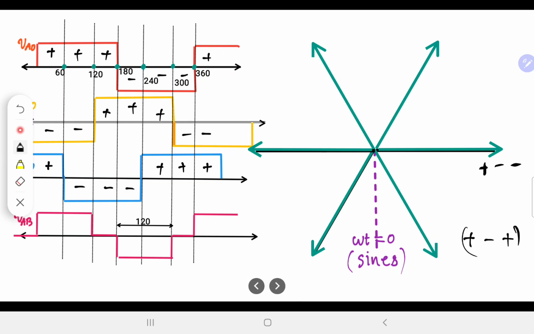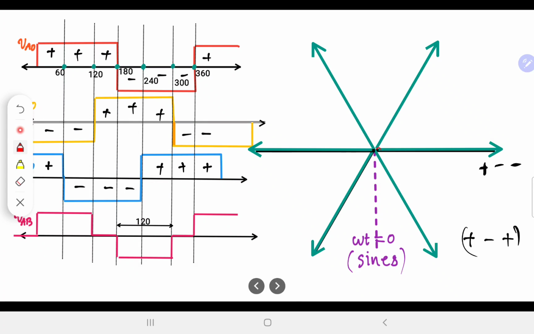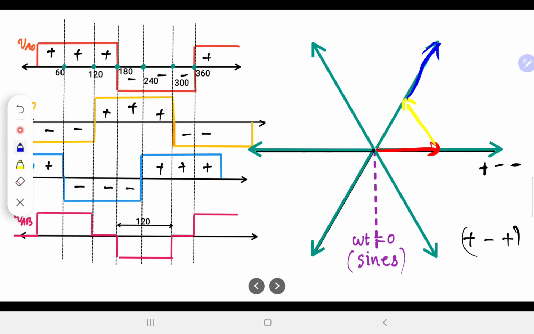Now the next one, it will be plus in one direction, A direction, let me use a different color, plus in this direction, then plus in this direction, B direction, and then you want to go in the other direction, so it should be minus of this one.